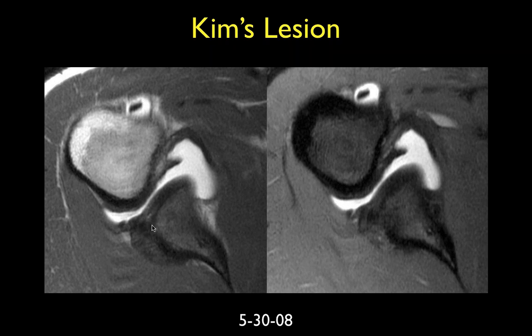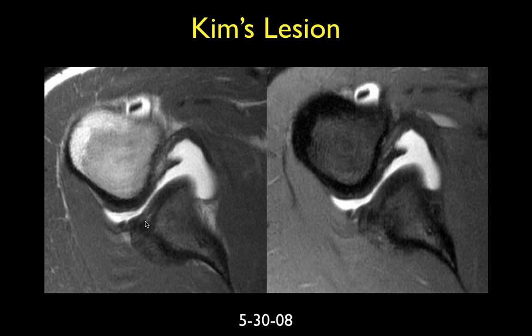It's a lot like, for those of you who are pool players, you have the bumper around the edge, and if you have a nice bumper, the balls bounce off of it nicely. But if you took out the inside of the bumper, then the ball would hit it and not bounce off. So this is really an injury to the inside of the labrum, which keeps it from being as rigid as it normally would be, so it no longer acts as a good bumper, and it leads to instability of the shoulder.